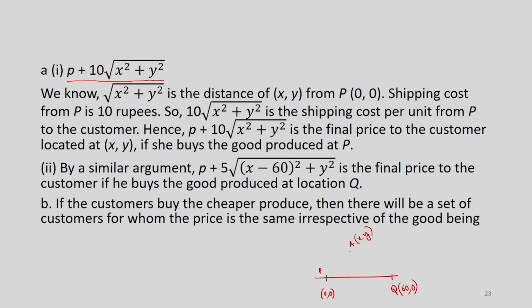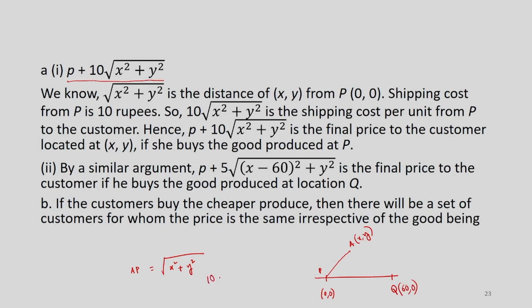Now, what is the economic interpretation of this expression P plus 10 multiplied by root over x square plus y square? First note that root over x square plus y square is the distance between P and point A. So, this is nothing but AP, and this is being multiplied with 10.